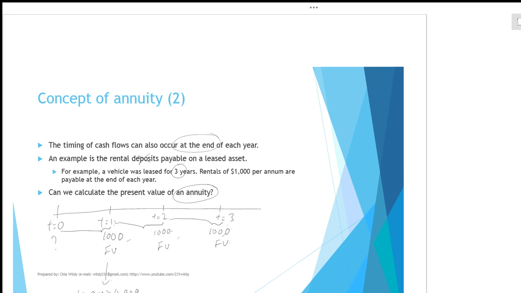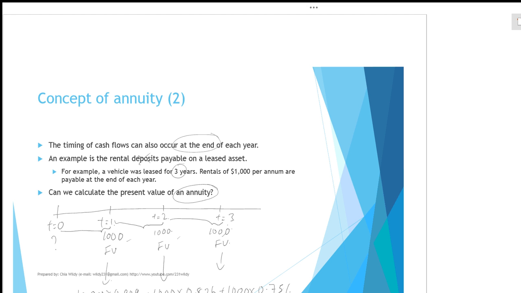What about t equals 2? We do the same: 1,000 multiplied by 0.826. What about the next one? Here we take 1,000 times 0.751. Input all that into the calculator. That gives you the present value of an annuity.